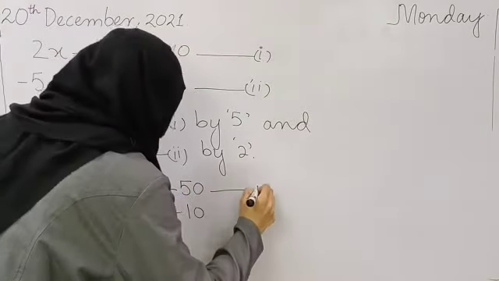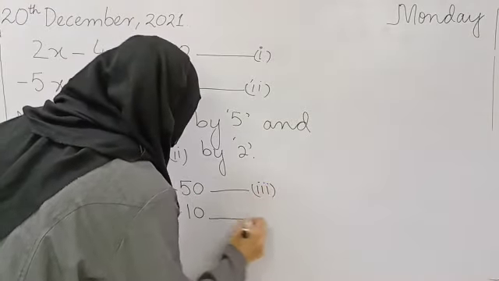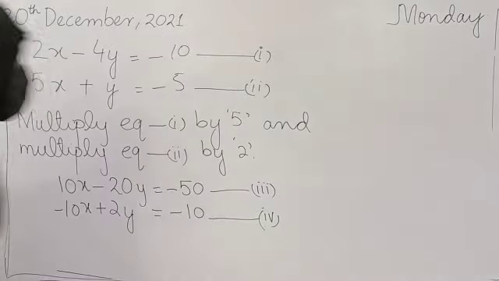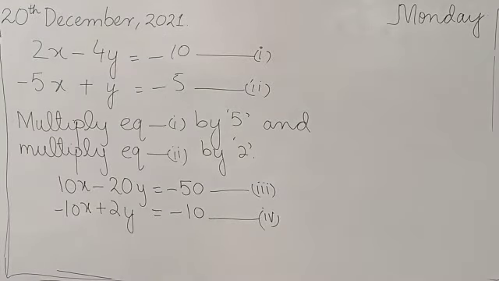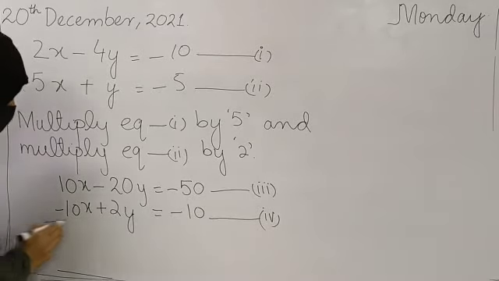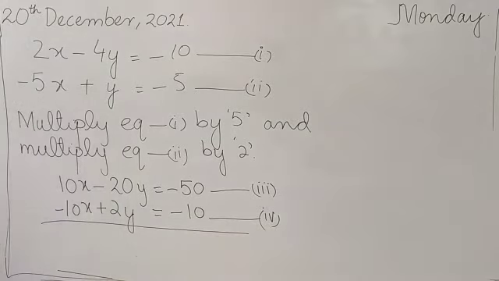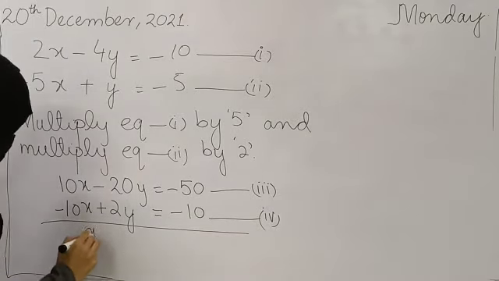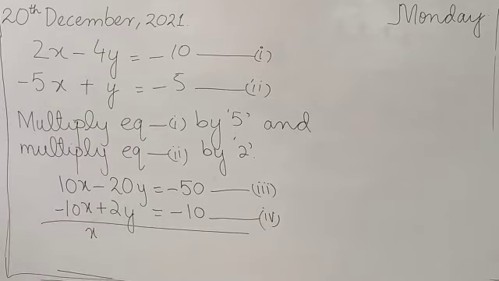Add these two equations, third and fourth. After addition, what will we get? X will be eliminated, and 10 minus 10 is 0x.